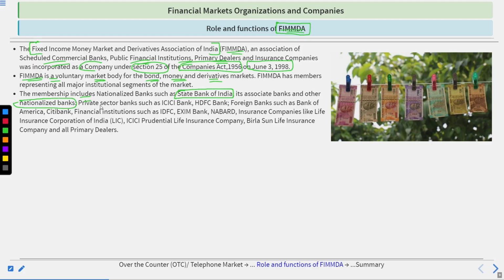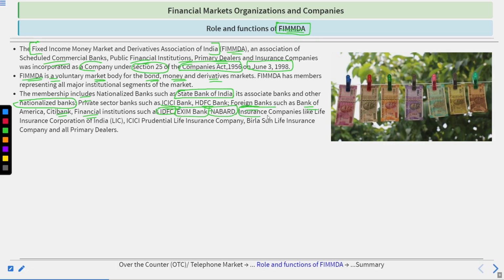Apart from nationalized banks, there are also private sector banks like ICICI Bank and HDFC, and foreign banks like Bank of America and Citibank. Apart from these banks, financial institutions are also there like IDFC, Exim Bank, and NABARD.